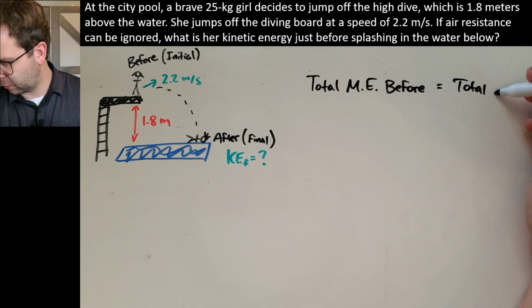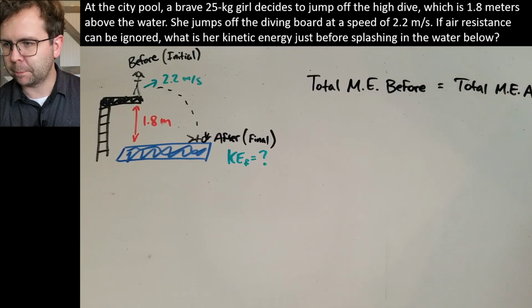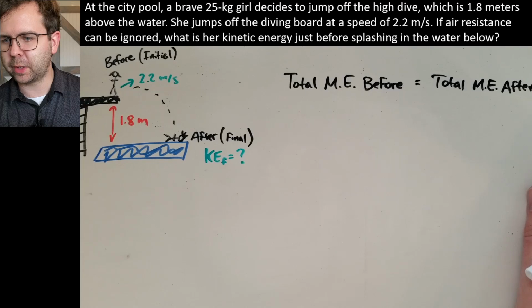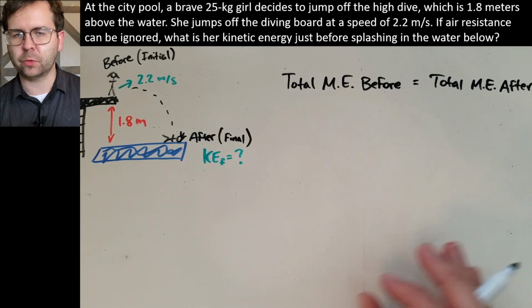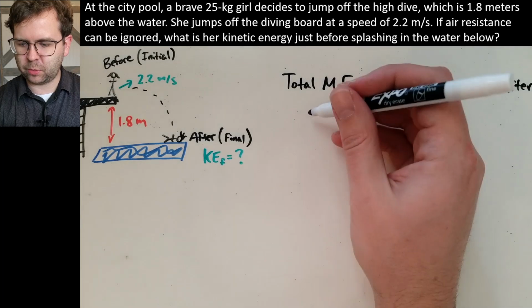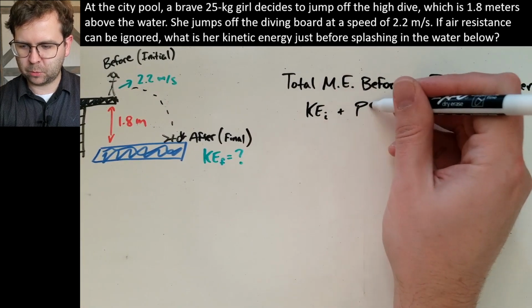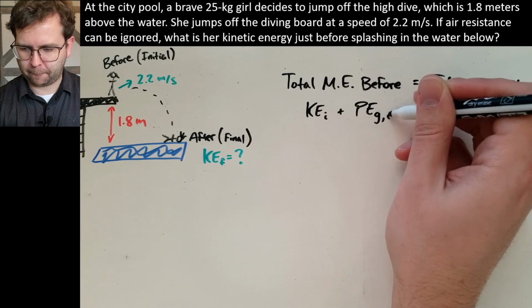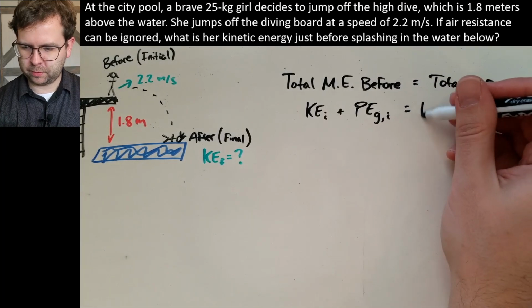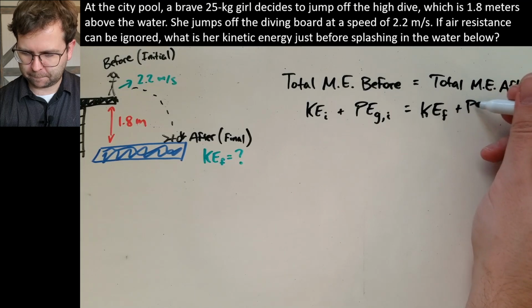So the total mechanical energy before is equal to the total mechanical energy after. That means that if you added up her kinetic energy and potential energy before she jumps, it will equal the kinetic plus potential after she jumps, or right before hitting the water.